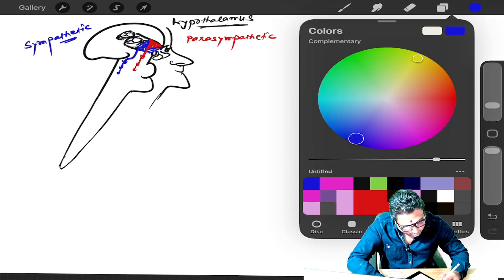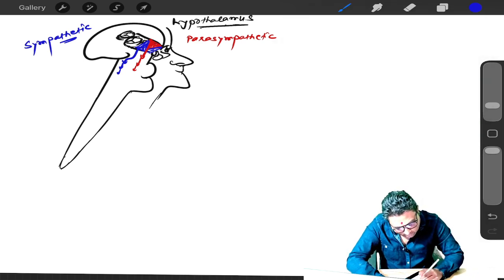Now sympathetic fibers go downward through a polysynaptic pathway.